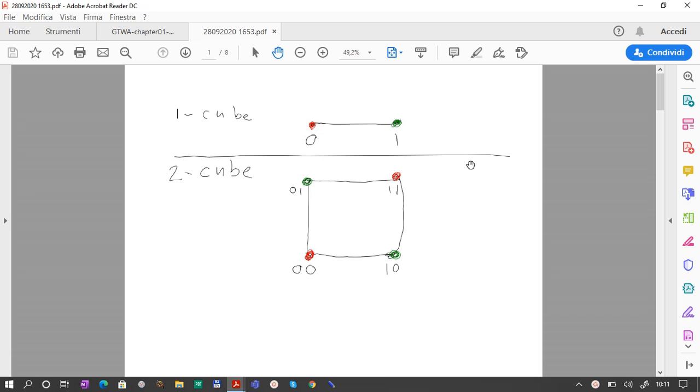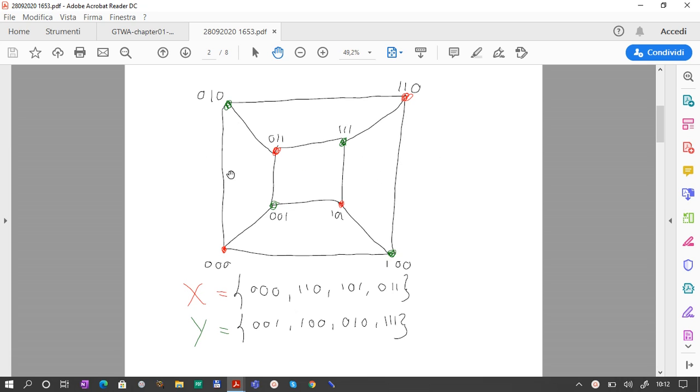So we can have X and Y, say, the two sets into which we make the bipartition, and each edge must connect a vertex in X with one vertex in Y. And so red and green here are X and Y, and actually here we can see that I can divide the vertices of this graph into red and green so that each edge connects a green with a red. Same thing for the 3-cube, okay?